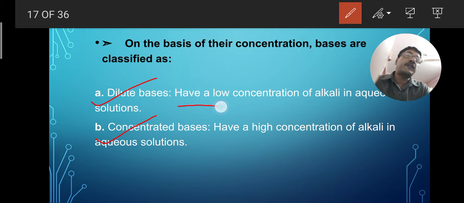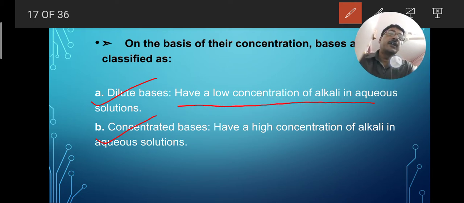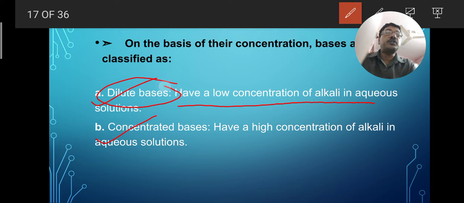They have the low concentration of alkalis in the aqueous solution. Means the amount of the base will be very less compared to that of the solvent, the water in which we are going to dissolve the base, means it is known as dilute base.